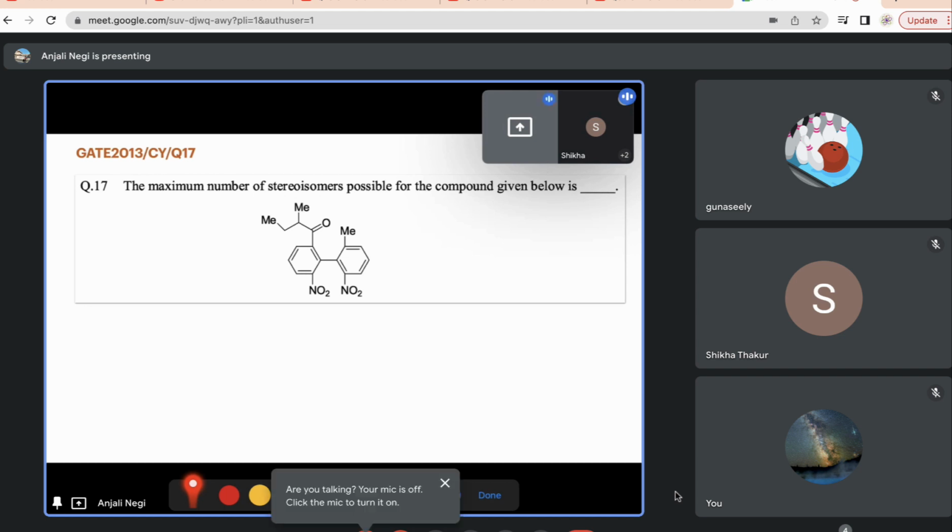But if you already have some basics and have solved this kind of problem, then you can type in the chat box.